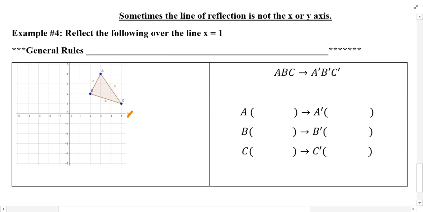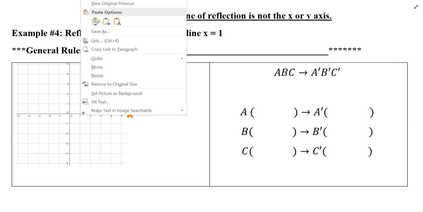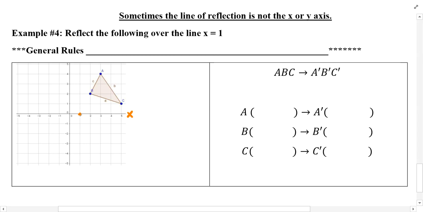So I'm going to look at my x-axis and I'm going to find 1. So x equals 1, oh, right here. So that means anywhere along that line, x is going to be equaling 1. So that would be my line of reflection. That is the line x equals 1. So I'm going to be reflecting across that.